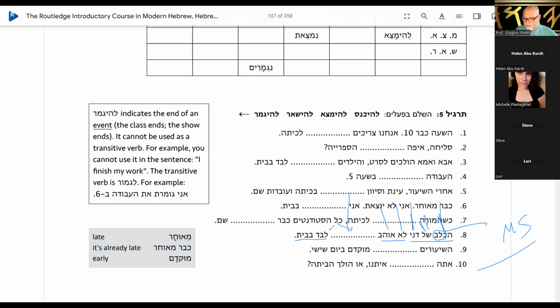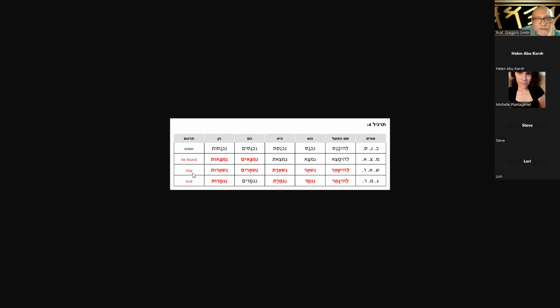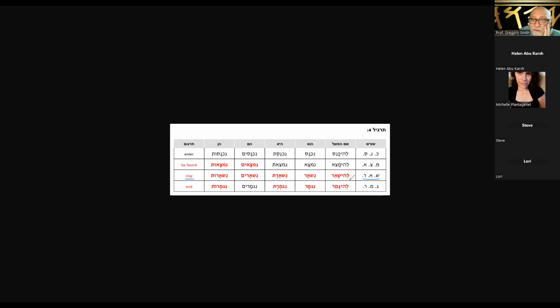And remember, this lavad means alone, and then babayit, in the house. So no dog likes to stay by itself in the house, right? So let's go to our chart here and look for the one that means to stay. That's the one right there. See it? Here's the root. Lahishaer is to stay, right?